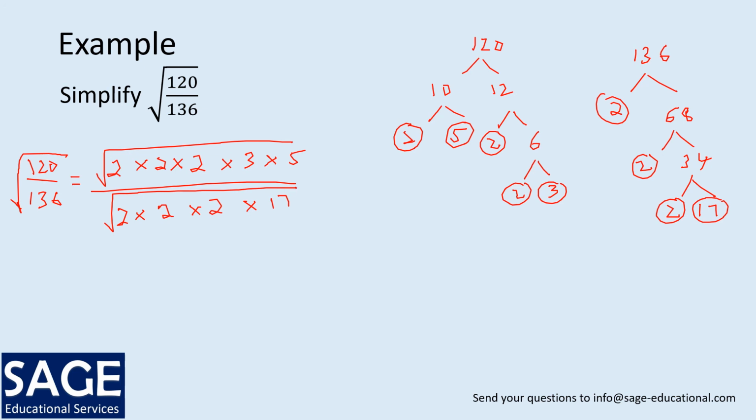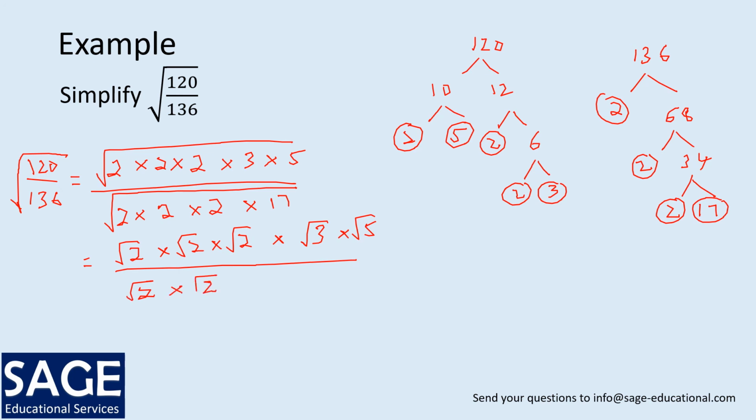Now if you notice, there are 3 square roots of 2. So what I can do is say square root of 2 times square root of 2 times square root of 2 times square root of 3 times square root of 5, divided by square root of 2 times square root of 2 times square root of 2 times square root of 17. So I'm just trying to expand it as much as I can.